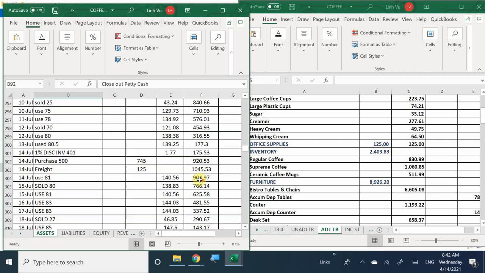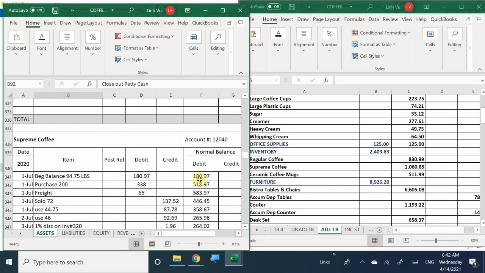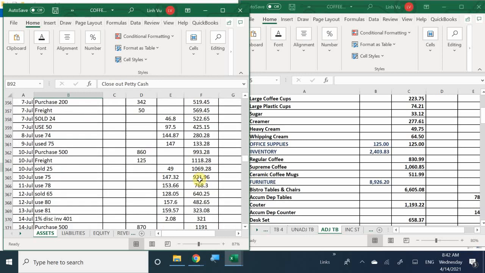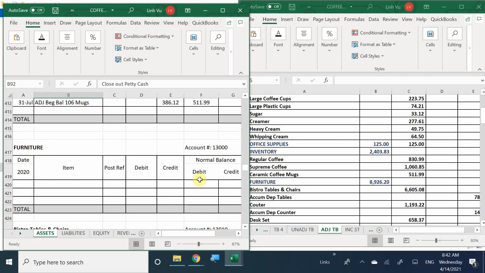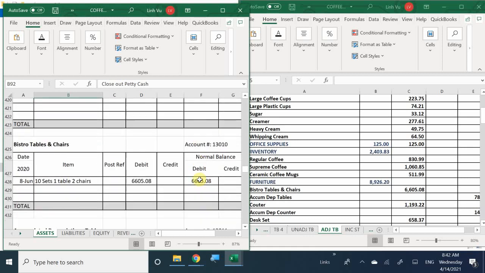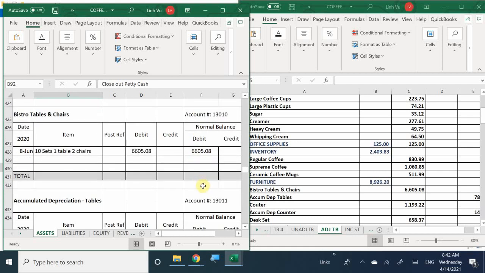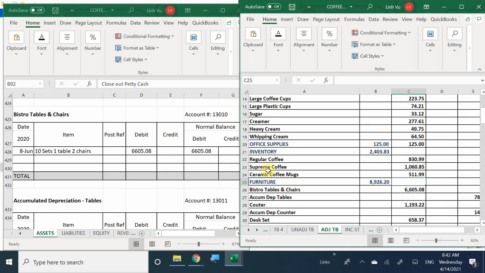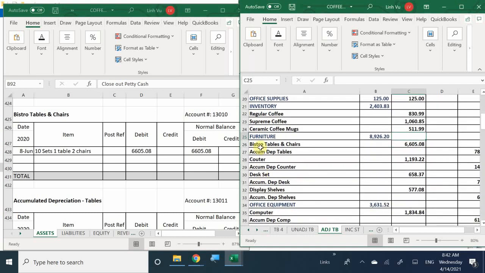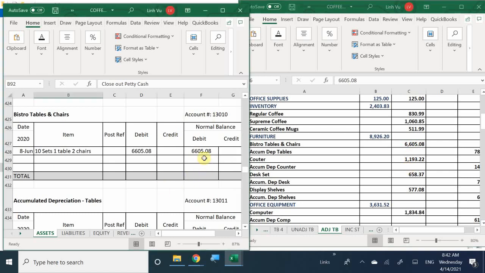Okay, so now we're going to go to our furniture. All right, let's see what happened here. We had to do a second month of depreciation. So first things first is going to be my bistro tables and chairs. That should stay the same, right? The 665.0508.